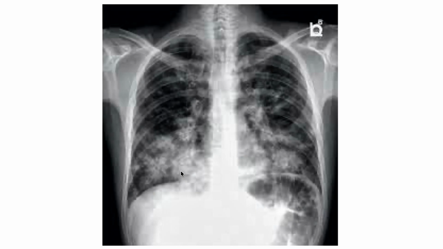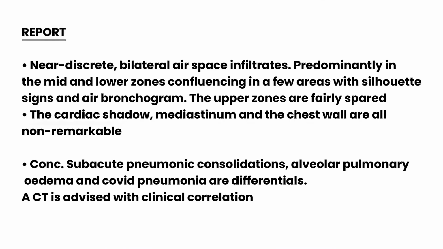So these are central alveolar infiltrates, and easily a subacute pneumonic consolidation or alveolar pulmonary edema and COVID pneumonia, all differentials. Here a CT scan is advised with clinical correlation. We correlate with the clinical. Okay, so that is the end of the third report.